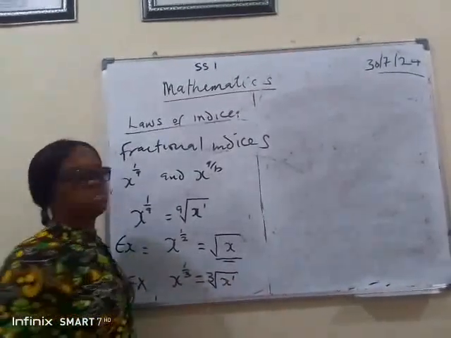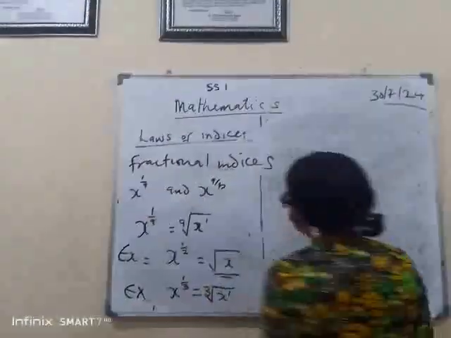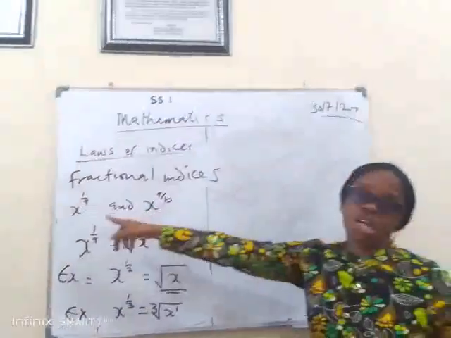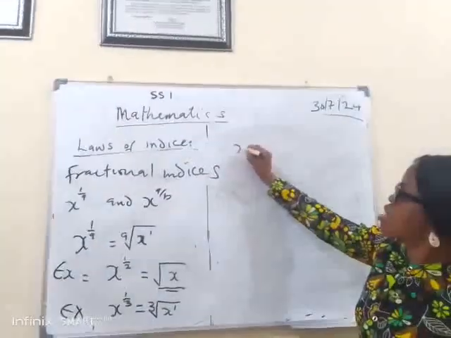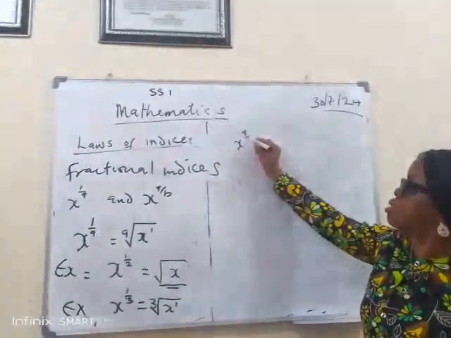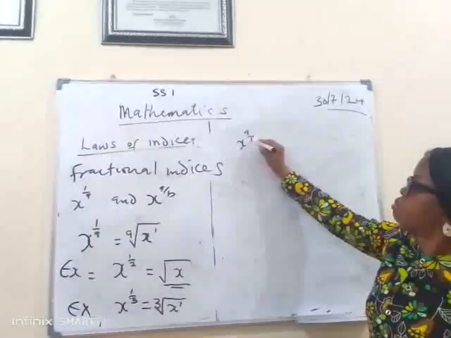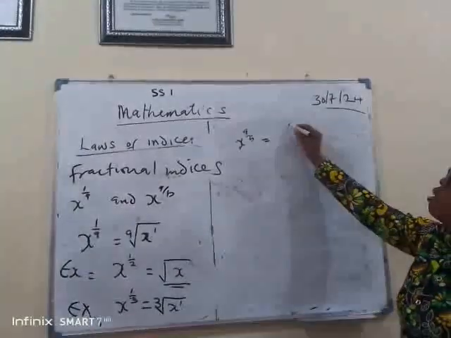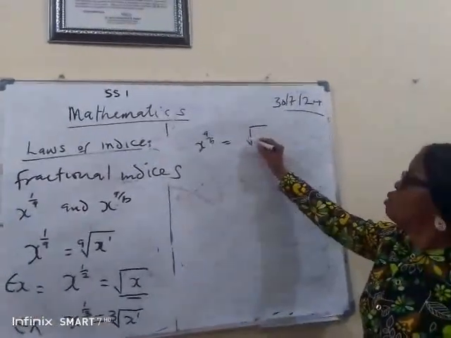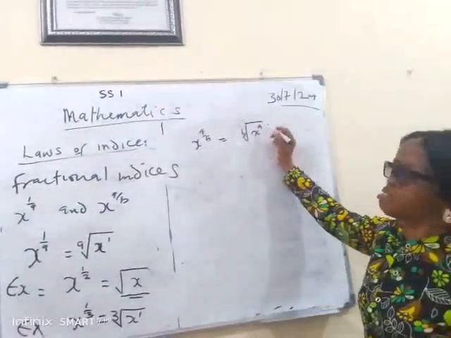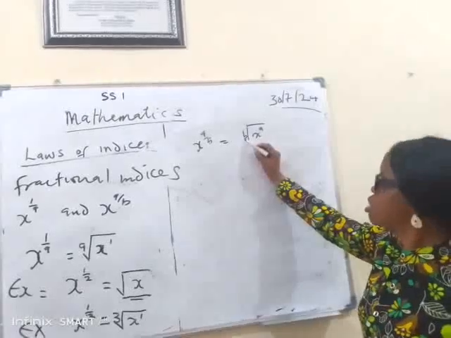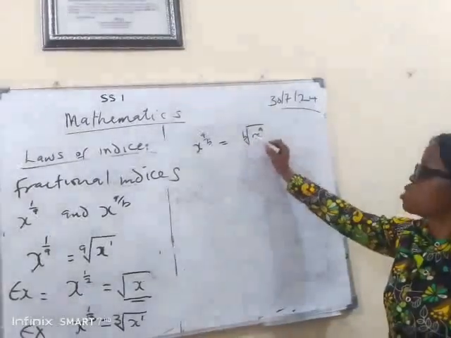Similarly, if I am using this, because the two are the same, what I'll have is x raised to power a over b. So in this case, I have x raised to power a. The b-th root of x to the power a, the b will be outside.